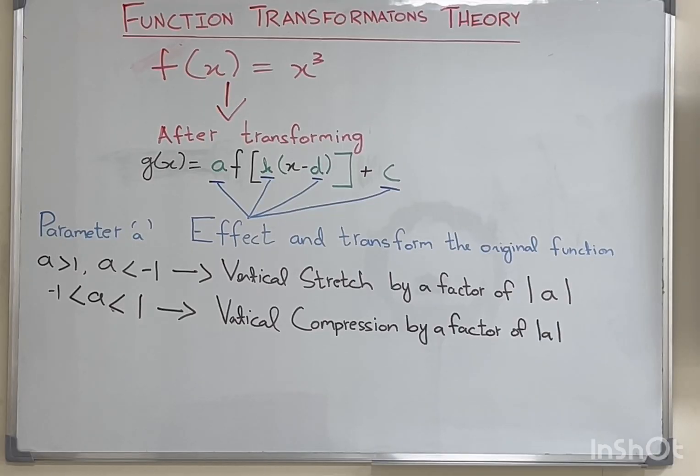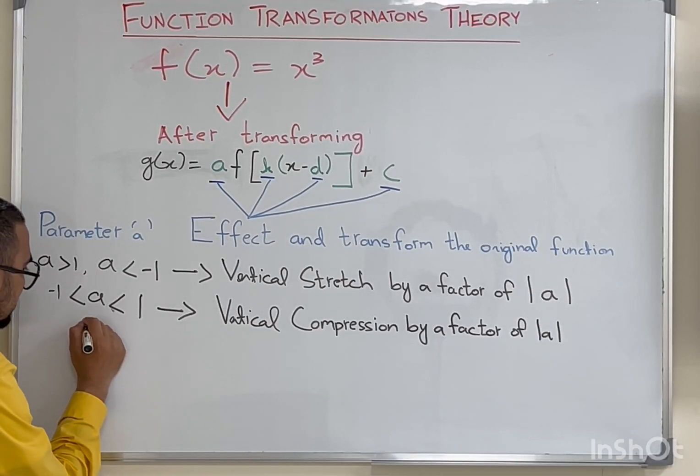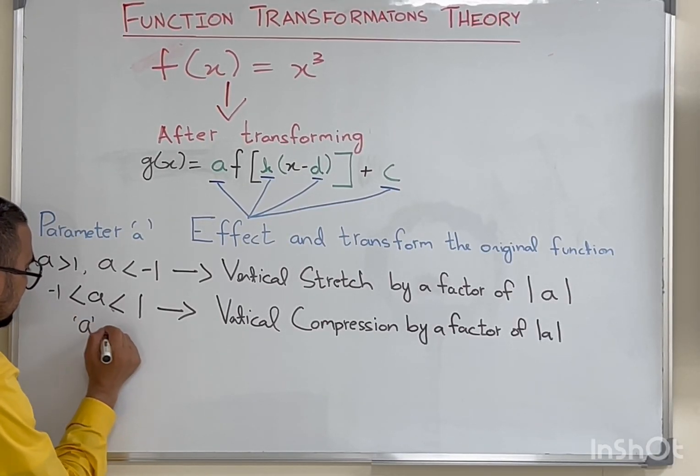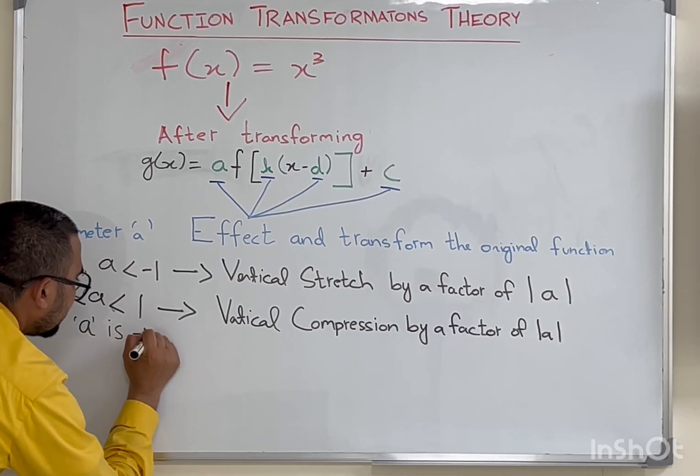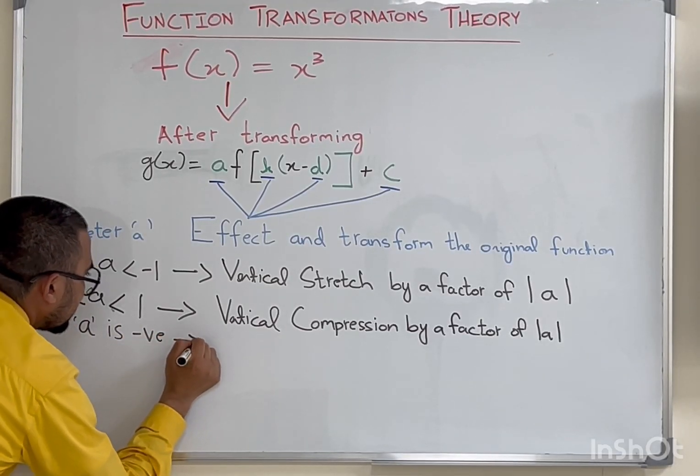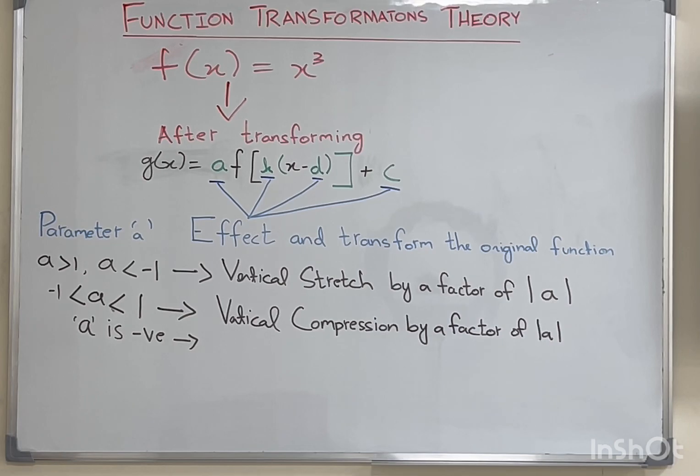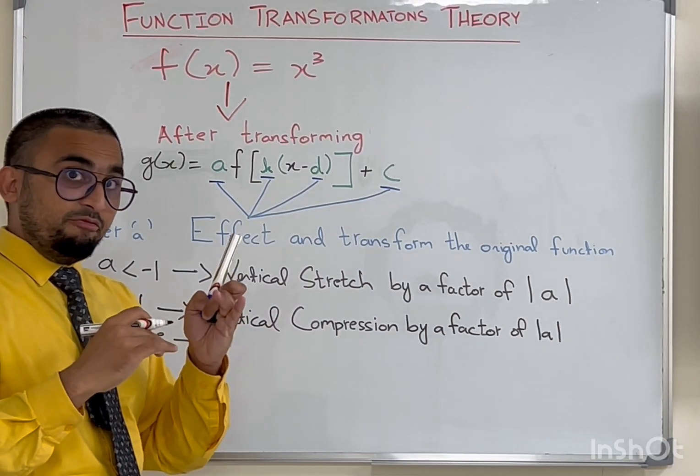The last scenario is when a is negative. In this case, we will have a reflection, a vertical reflection.